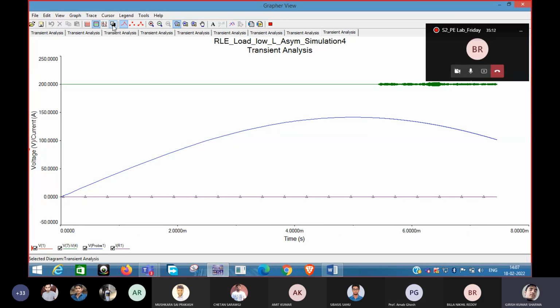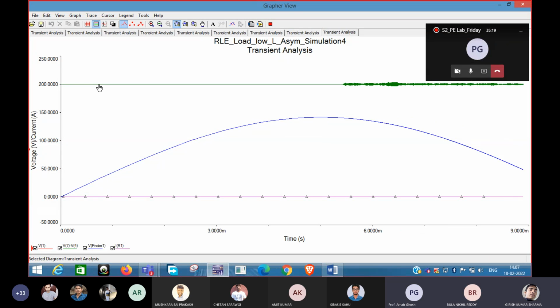It's working. Output voltage of 200 volt is coming, sir, as the back EMF is set to 200 volt. No, my question is: is the converter working or not? Is your converter turned on or not?